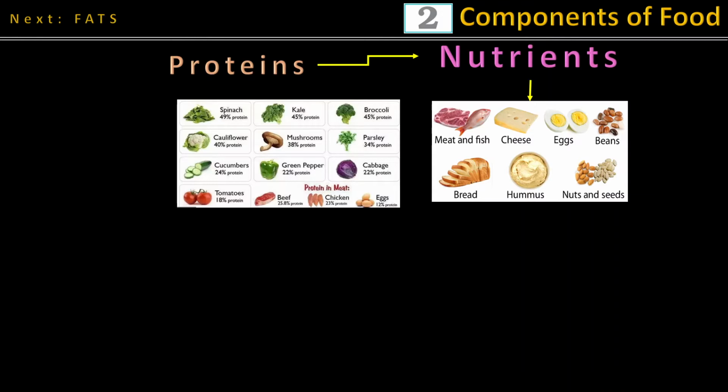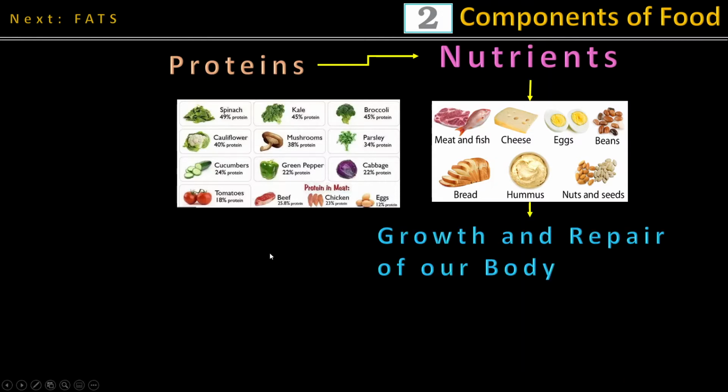Still several things are there, but I have listed certain ingredients from the plant source and the animal source which have protein. These ingredients have a potential of more protein inside. If you eat these, your body will get energized and very healthy. And the question comes now, how will this protein help our body?